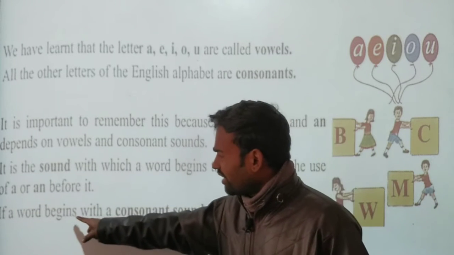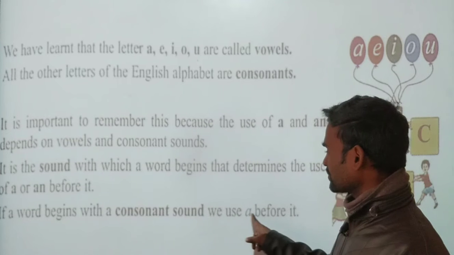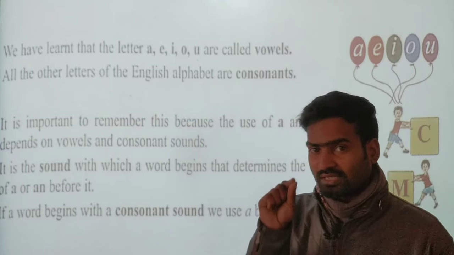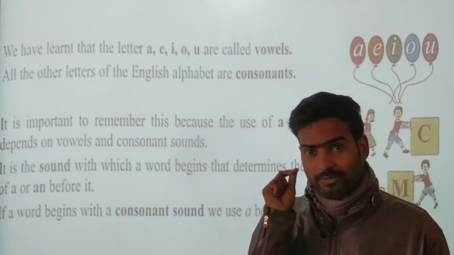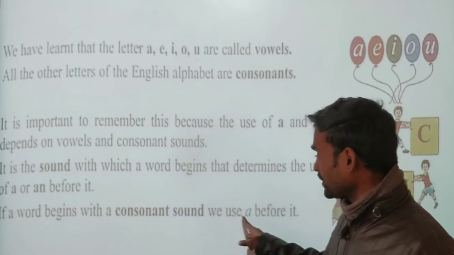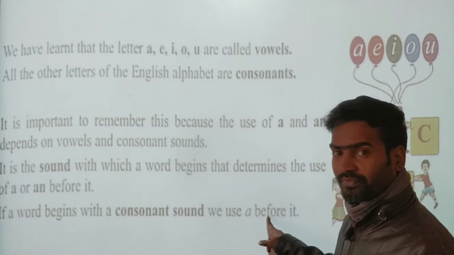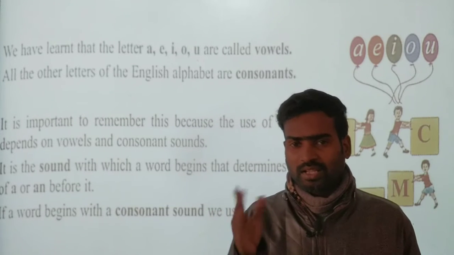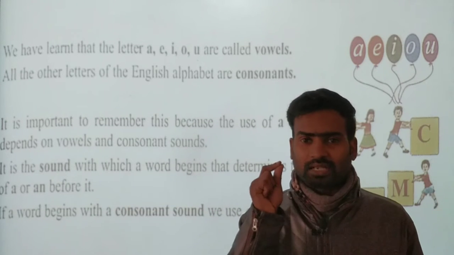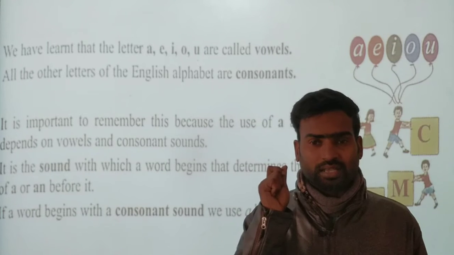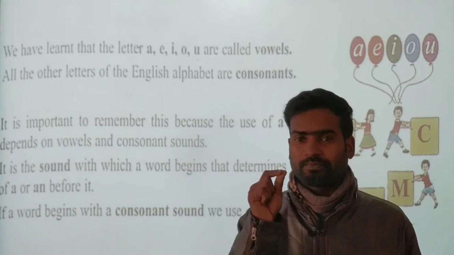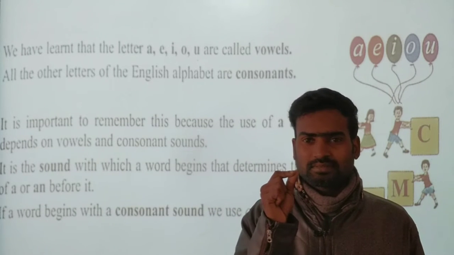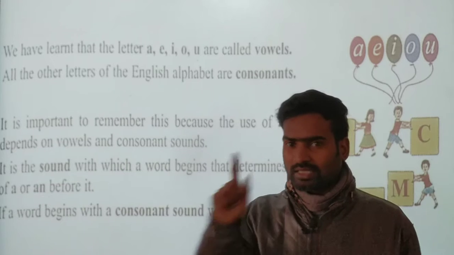See here, if a word begins with a consonant sound, we use a before it. The next word that is going to begin, if it begins with a consonant sound, we use a. And if a word begins with a vowel sound, we use an. In some places we will have confusions, which I will show you here.